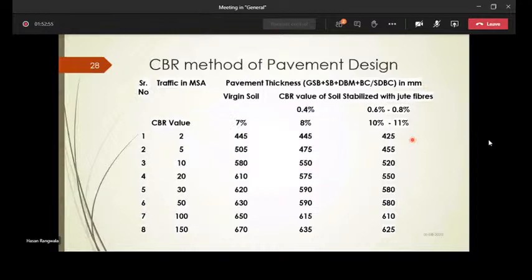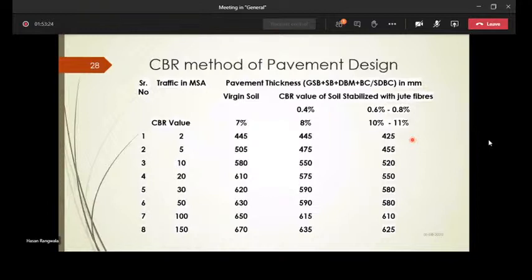They have written that if it is less than 20 MSA, and beyond that. So that's what I actually did one work on. I used marine clay along with marble dust, and marine clay along with quarry dust. My expectation was that marble dust consists of more calcium oxide, so it would give a higher CBR value.